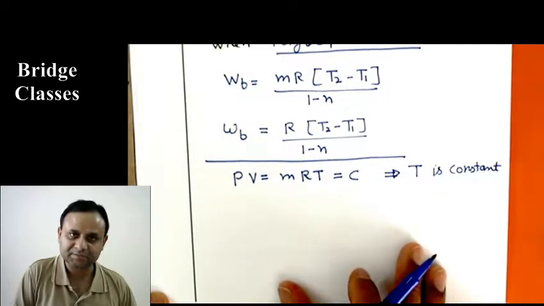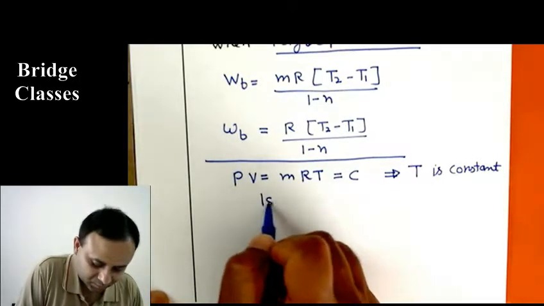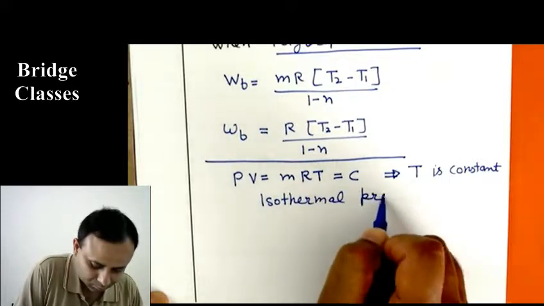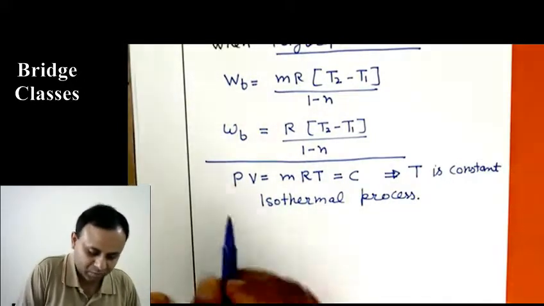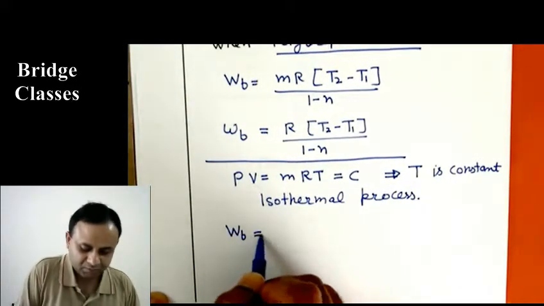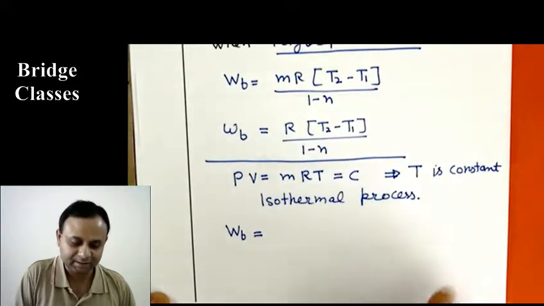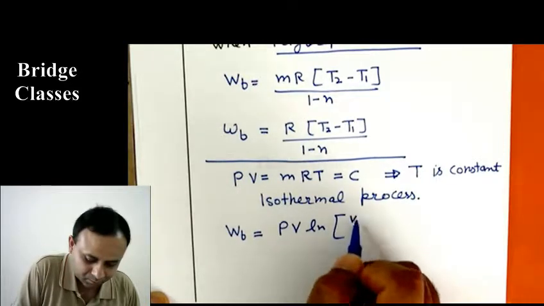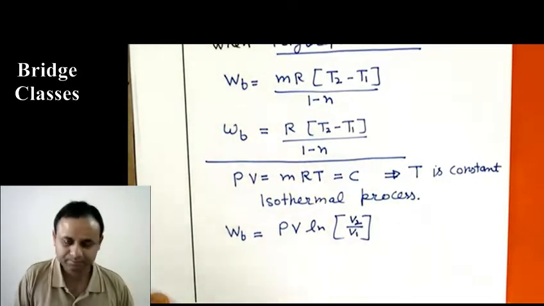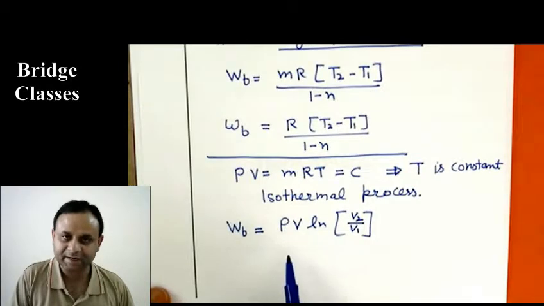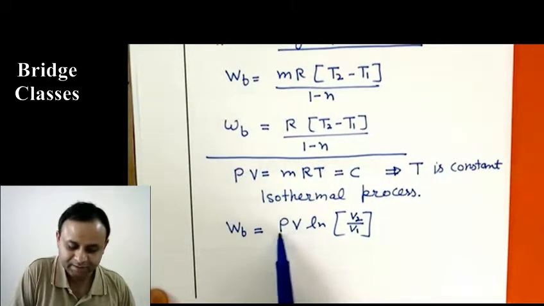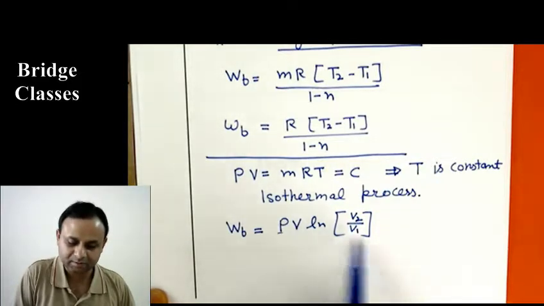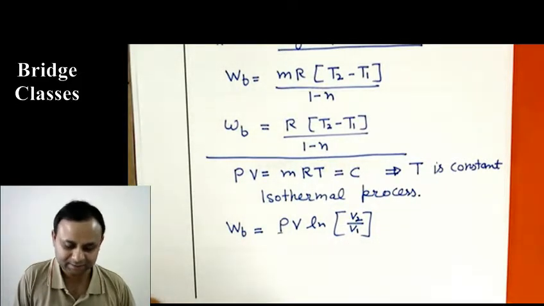Okay, if the substance is an ideal gas, it is an isothermal process. So the boundary work for an isothermal process for an ideal gas will be the same as what we derived here, PV log V2 over V1. Or you can further use the ideal gas law. Instead of PV, you can write MRT log V2 over V1. So you can manipulate it further using the ideal gas law.